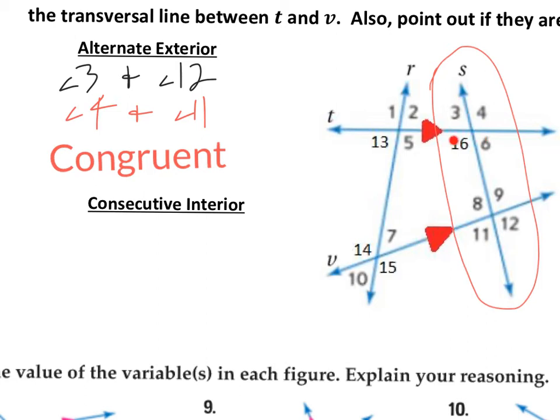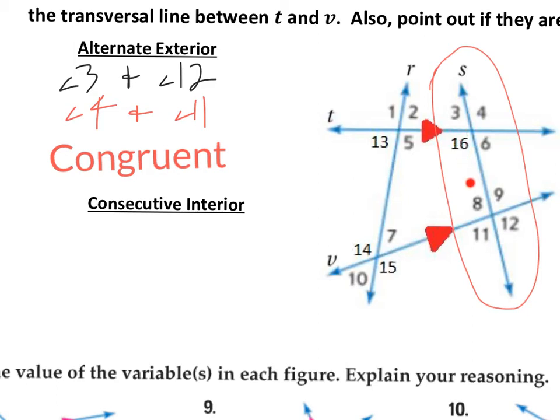Same thing if I added together 6 and 16, 8 and 9, 11 and 12. So if I give you angle 3 and I say, figure out angle 11, you would think, well, angle 3 is the same as angle 12, so if I do 180 minus this angle measure, I'll figure out angle 11. I thought I'd bring that up for when you get asked questions like that.